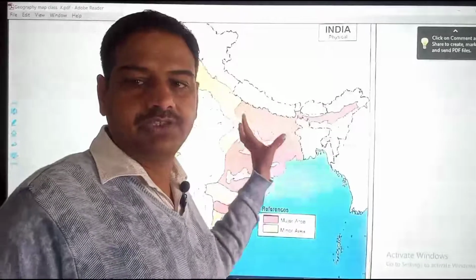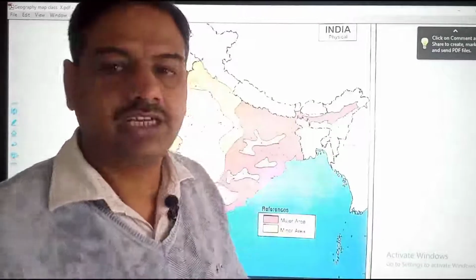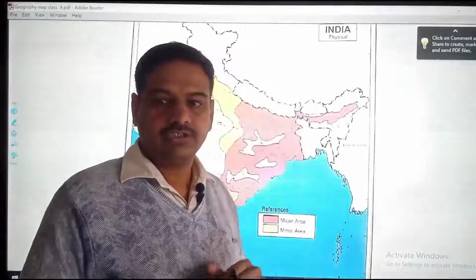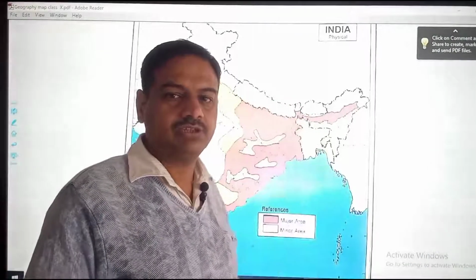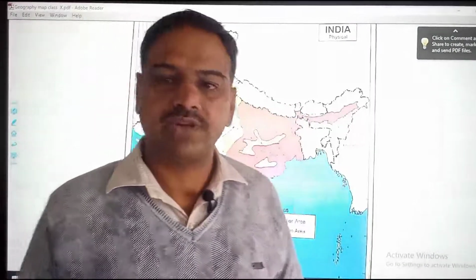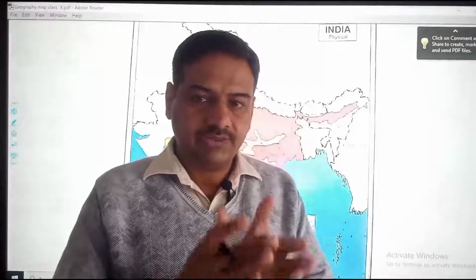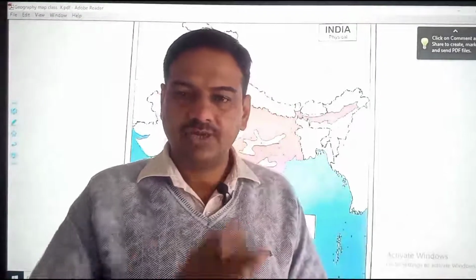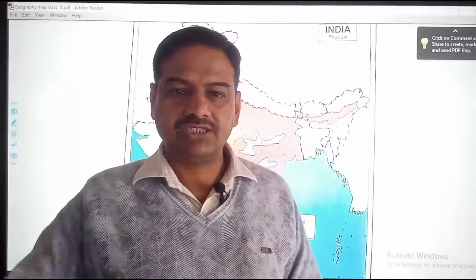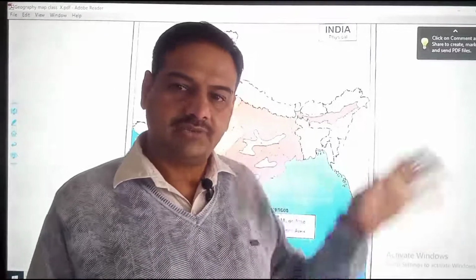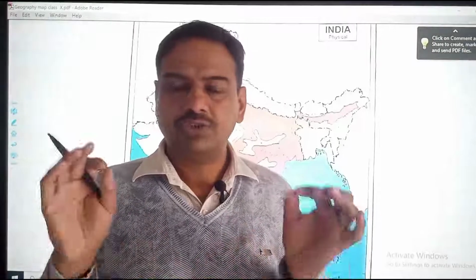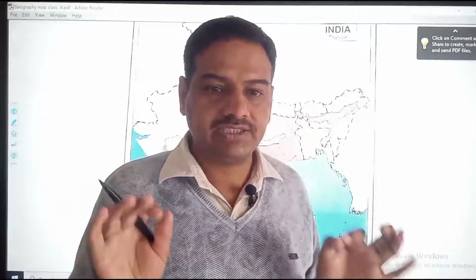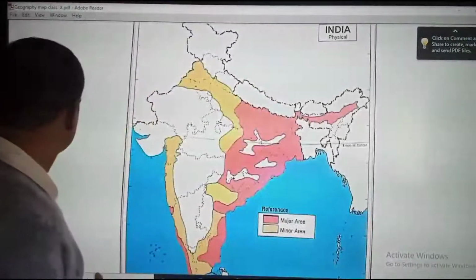The next map is from chapter 4, and it is about agriculture. The first map which I am showing here tells us about the major and the minor producers of rice. We can see that if we divide India from the center, the eastern states are the major producers and the western states are the minor producers.